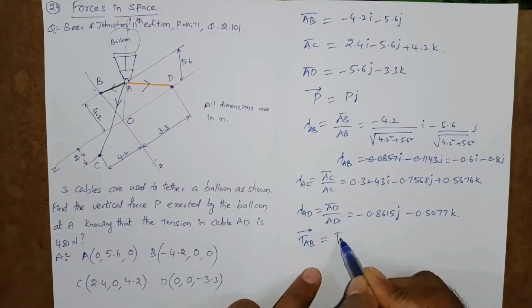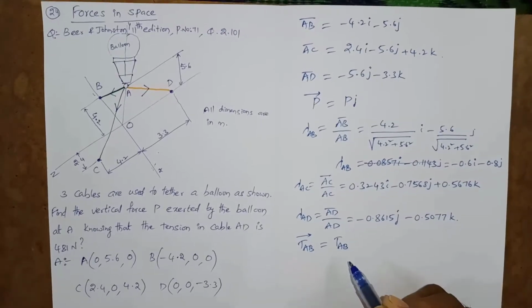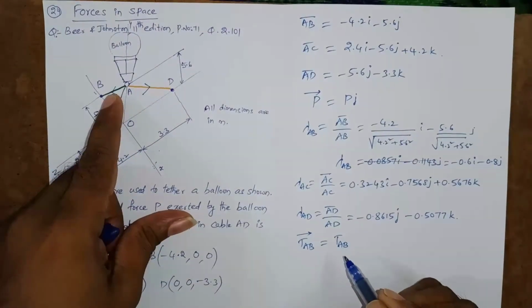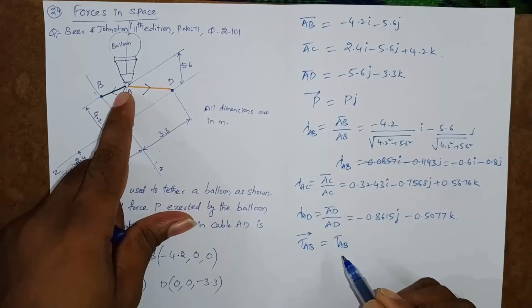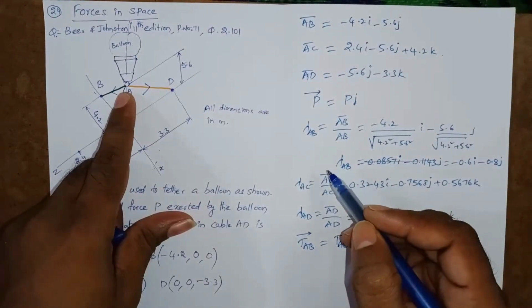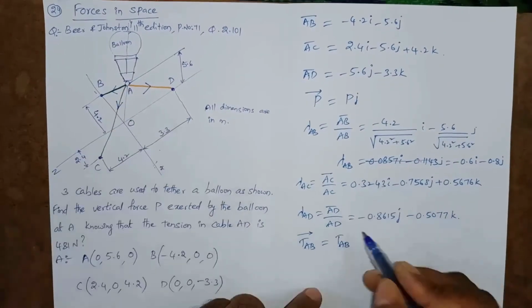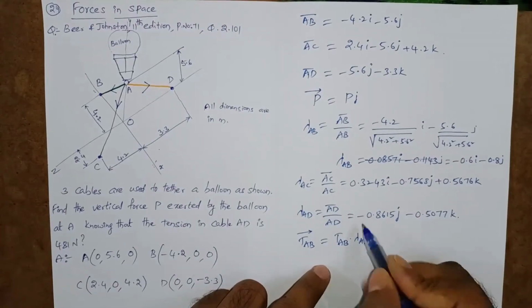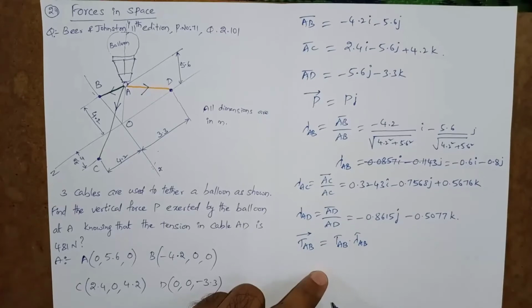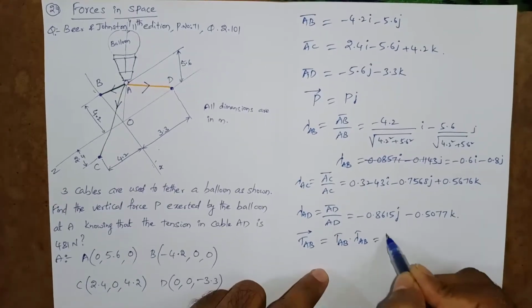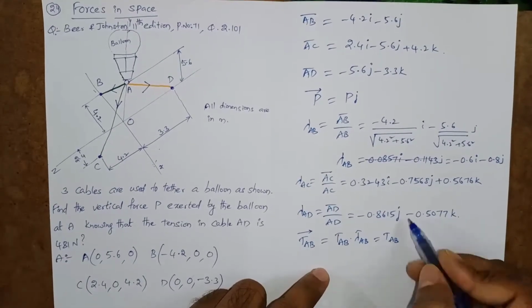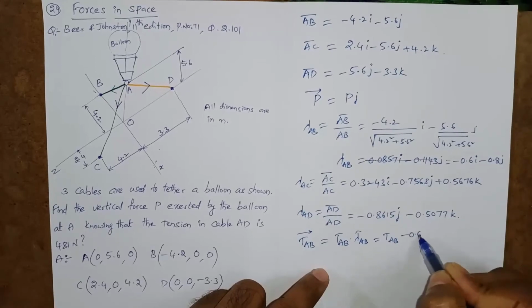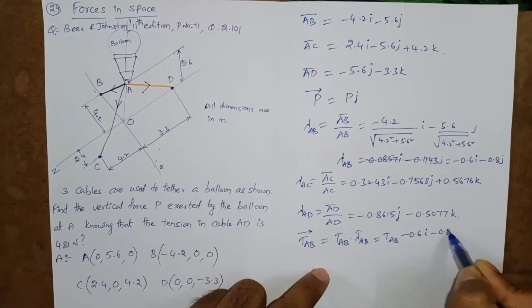The magnitude is TAB, and it is acting along A to B, and we already got the unit vector along A to B as lambda AB, so TAB bar is TAB lambda AB, equal to TAB times minus 0.6 I cap minus 0.8 j cap.